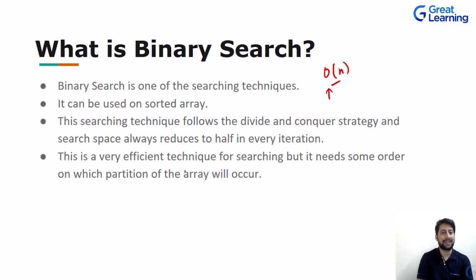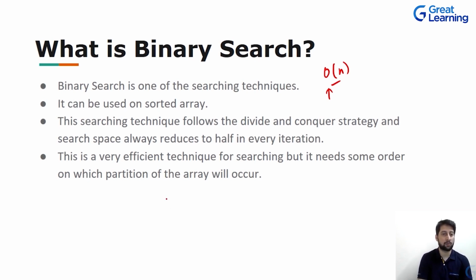Again, why do we need searching? Suppose you have a given set of elements and you want to search whether an element is present in your array or not. At that time, we can use either linear search or binary search.